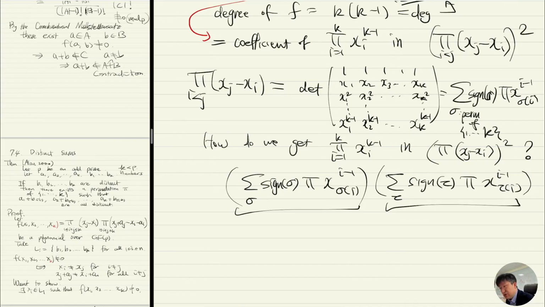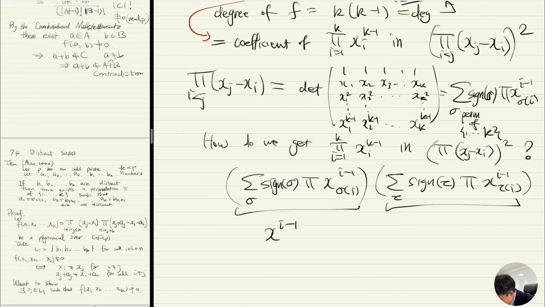Now, when you choose sigma and tau, we have to choose in such a way that sigma i plus tau i has to be equal to k minus 1. Maybe not.